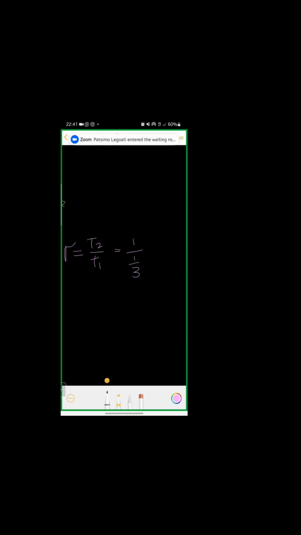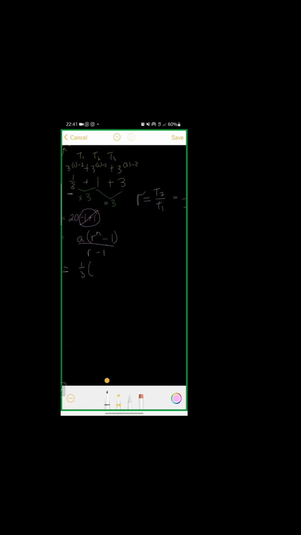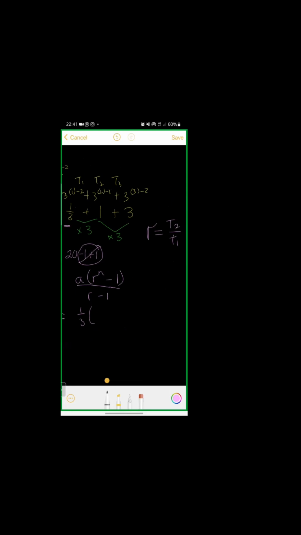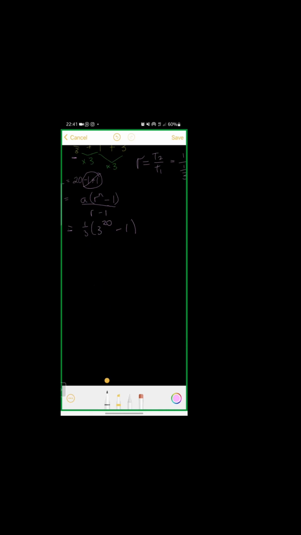Somebody. It's 3. So our ratio is 3. Let's put 3 to the power of n. Our n is 20, minus 1, and then all over, our r is still 3, and then we still minus 1.